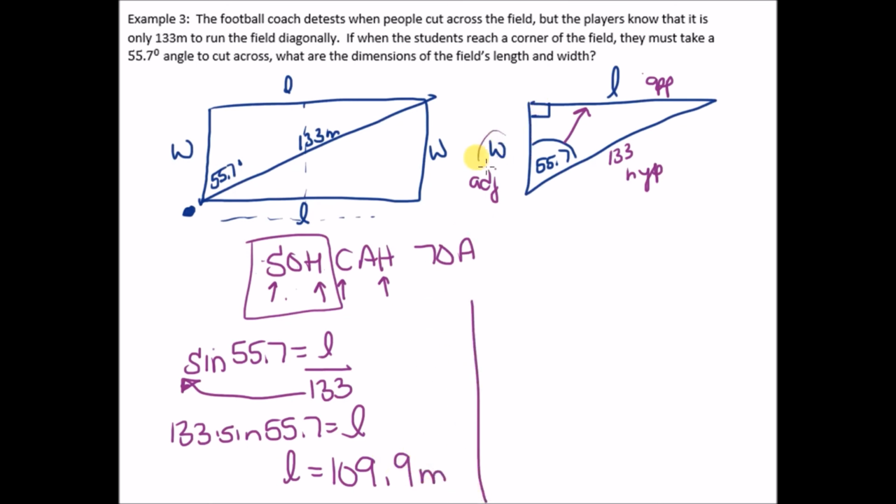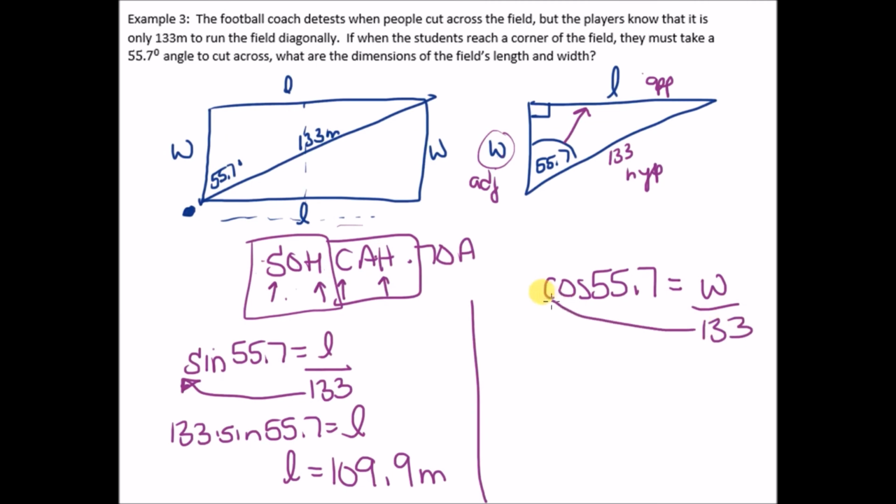Now we want to solve for the W, which is adjacent. So again, we know we're going to use cosine 55.7, and this equals adjacent over hypotenuse. So adjacent, which is W, over hypotenuse, which is 133. We're going to cross multiply and bring that 133 in front.